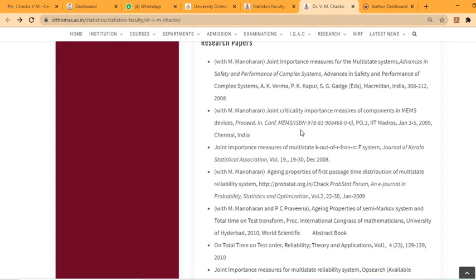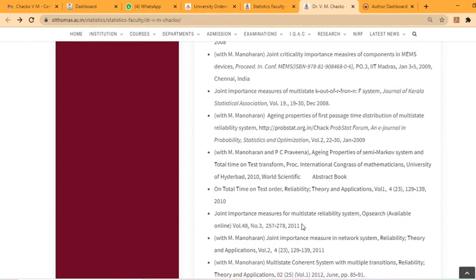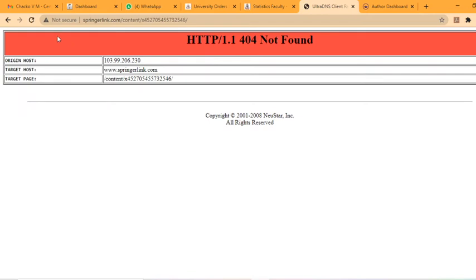Okay, and after that I could publish several works in joint criticality importance measure and the joint measure for k-out-of-n system, and recently I could publish another paper in OpSearch.